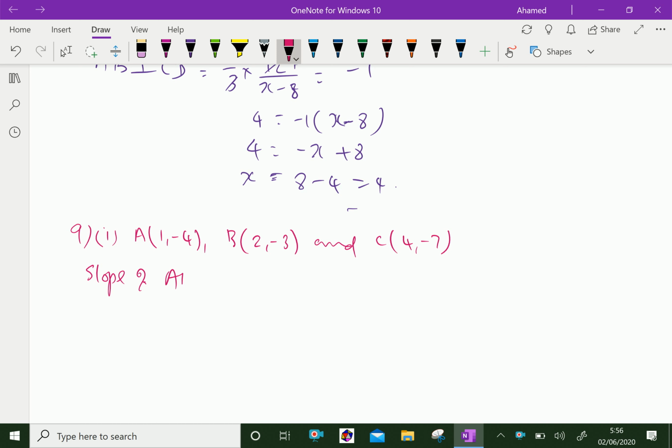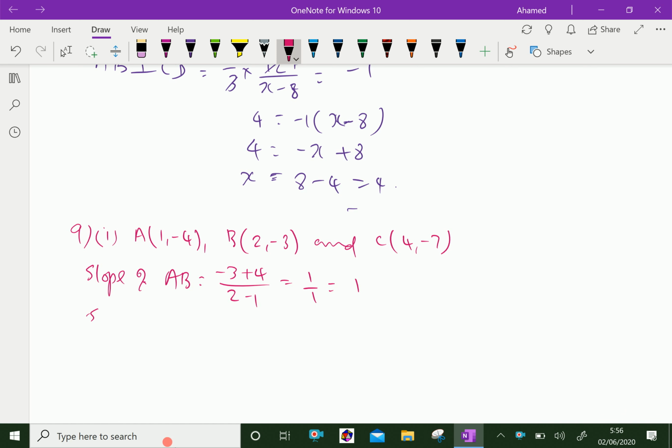Slope of AB is equal to minus 3 minus of minus 4 over 2 minus 1, that is plus 4 minus 3, which is 1 over 1, which is 1.